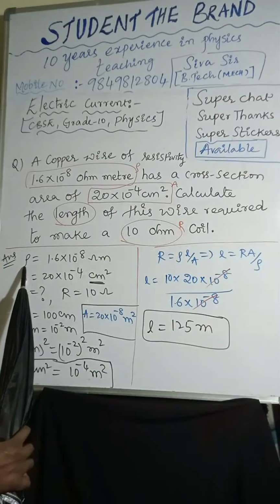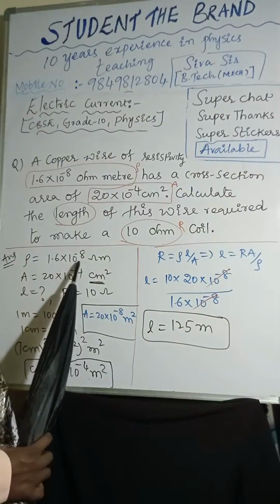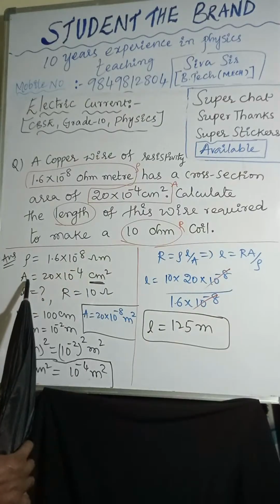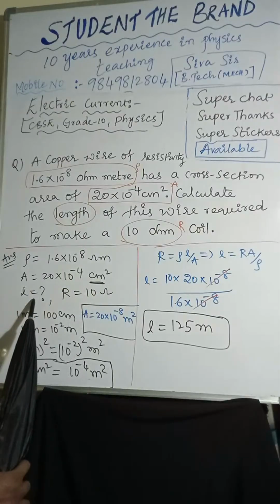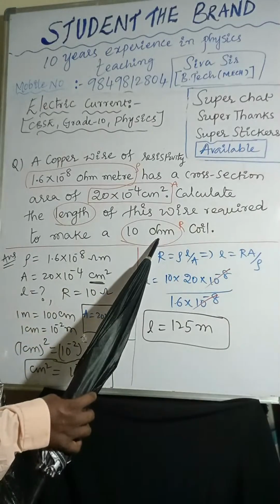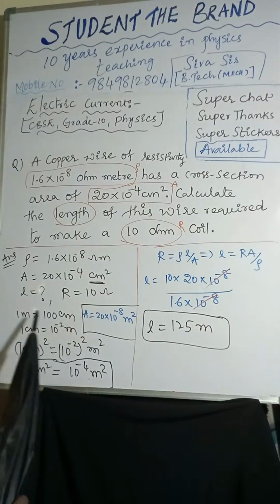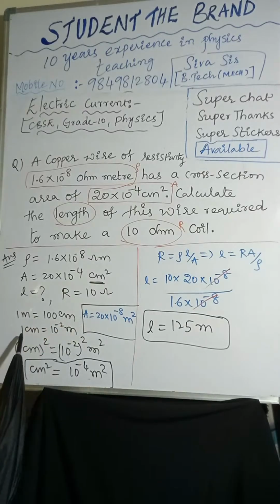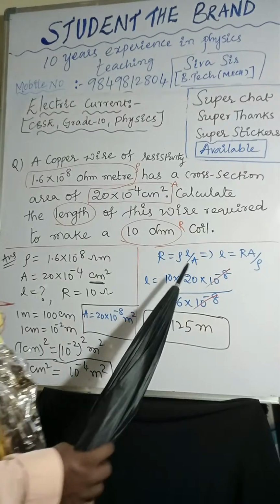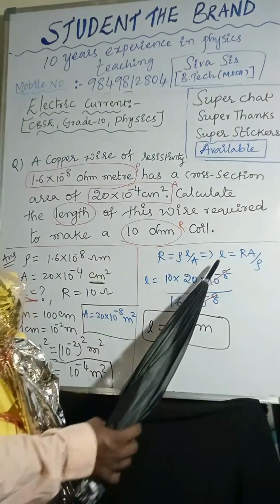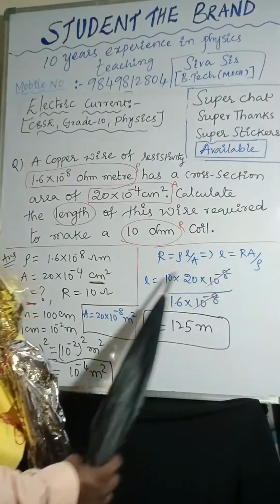So rho equal to 1.6 into 10 power minus 8 ohm meter. Area of the cross section is 20 into 10 power minus 4 centimeter square. Length we have to find out. Resistance already given. So 1 meter equal to 100 centimeter, 1 centimeter 10 power minus 2 meter, 1 centimeter square equal to 10 power minus 2 whole square meter square, 1 centimeter square equal to 10 power minus 4 meter square. So R equal to rho into L by A, L equal to RA by rho.